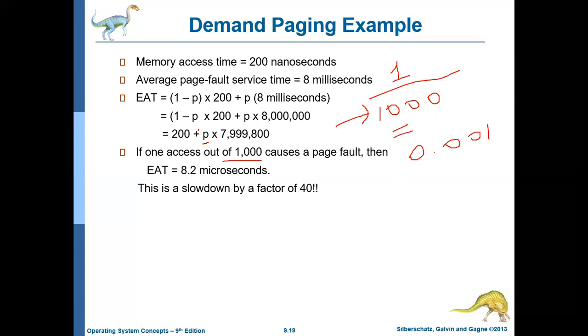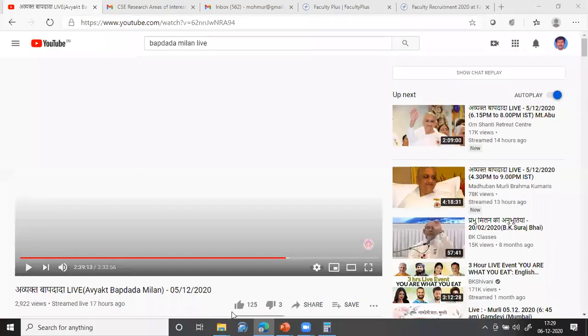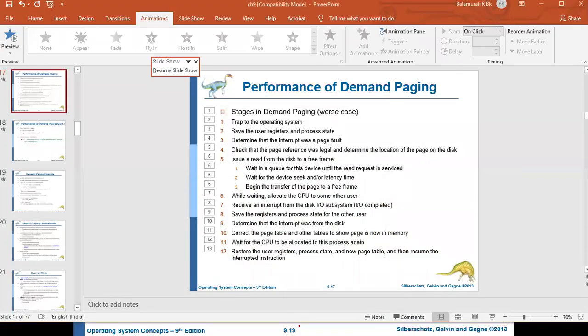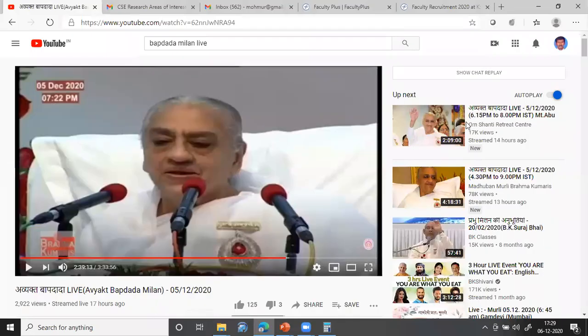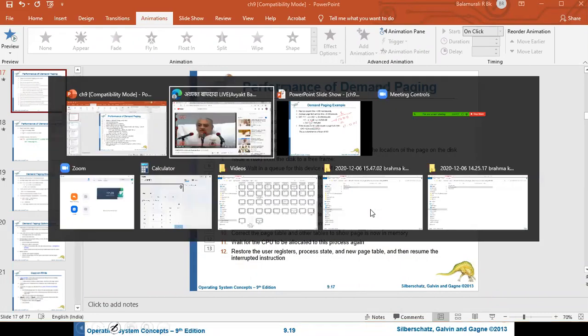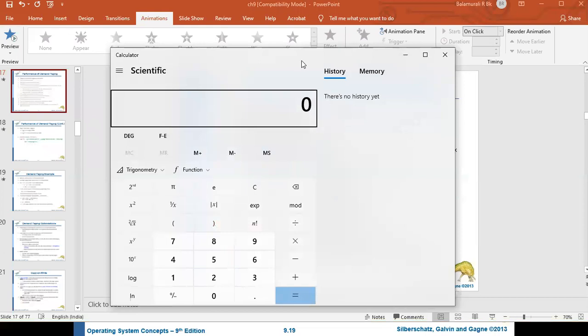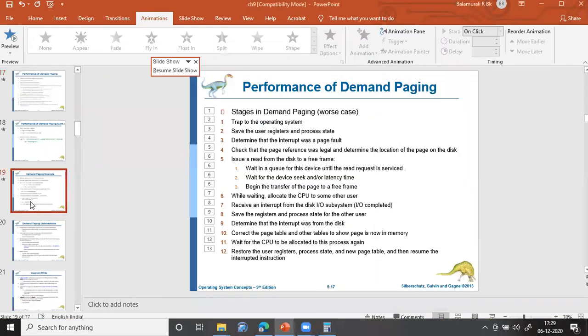If you substitute the p value as 0.001, let me take the calculator. Let us put it in this equation.